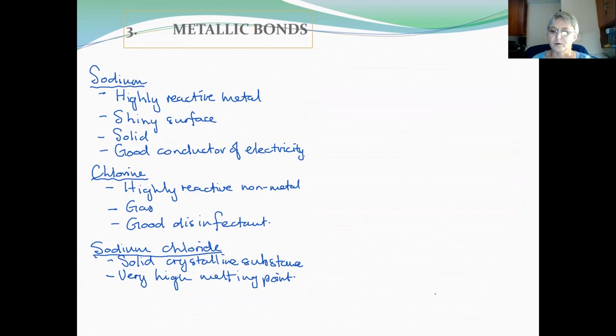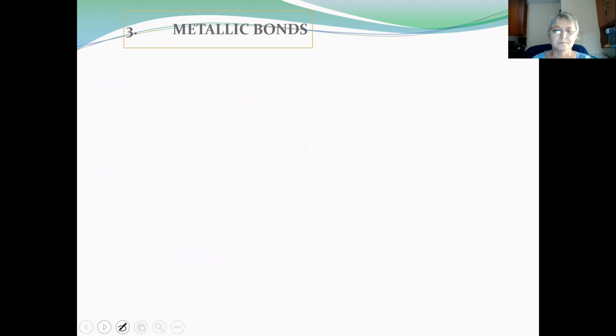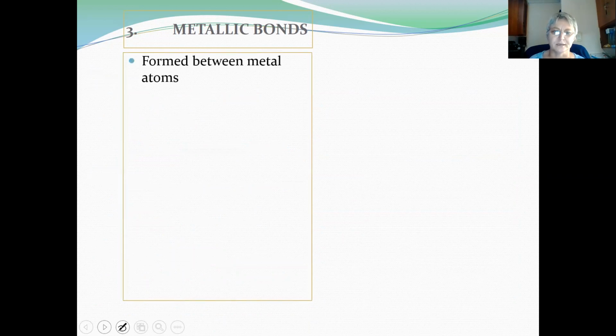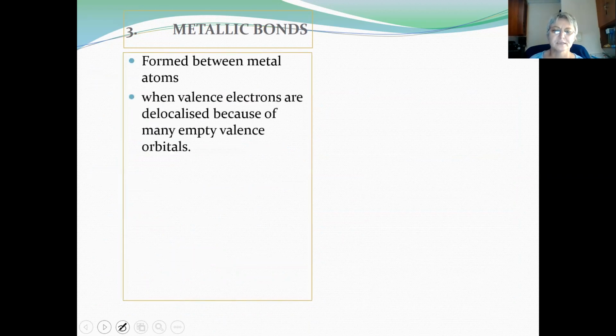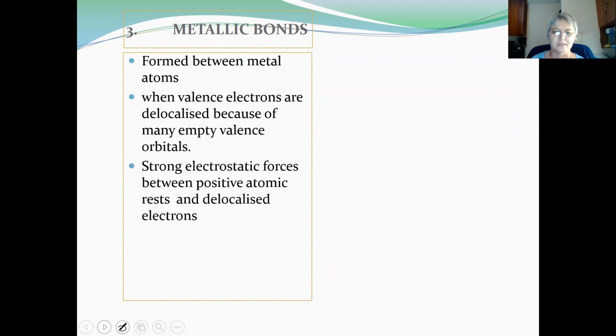The next type of bond that I want to look at is the metallic bond. Now these bonds are formed between metal atoms, and the valence electrons are delocalized. It means that the valence electrons are free to move from atom to atom in the crystal lattice. And the reason for that is that most of the valence orbitals are empty, so they overlap to a degree to delocalize the electrons.